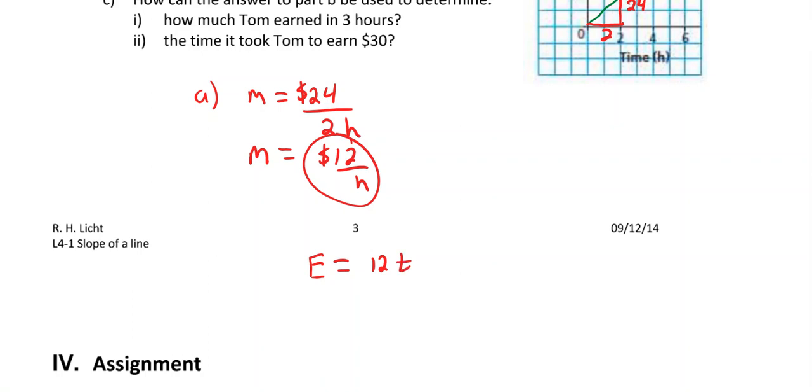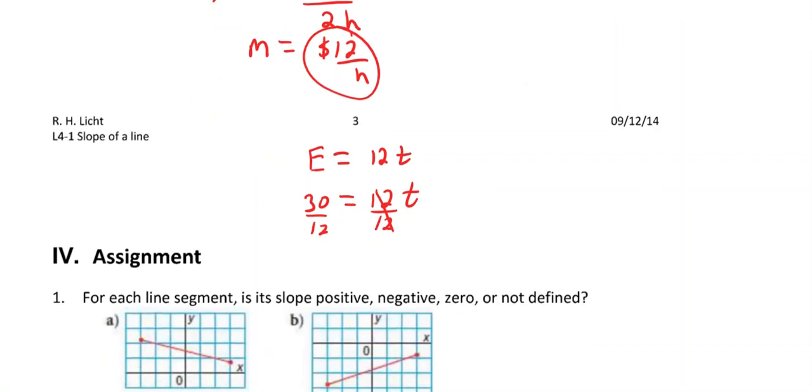In this case, if I earn $30, I'm really just looking for time now, right? What would I do if I was just trying to get time on its own? You just divide by 12. So 30 divided by 12 ends up being 2.5 hours.